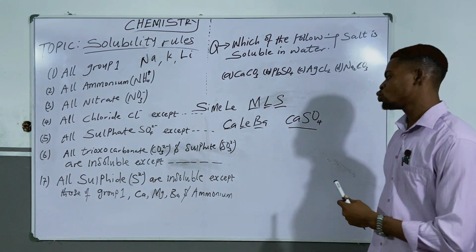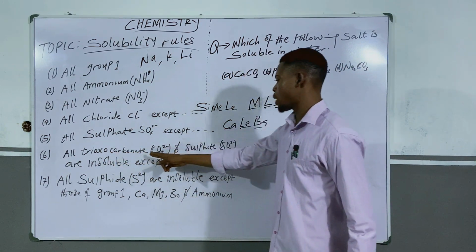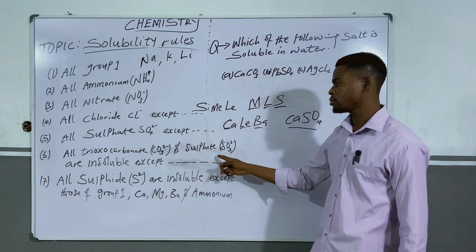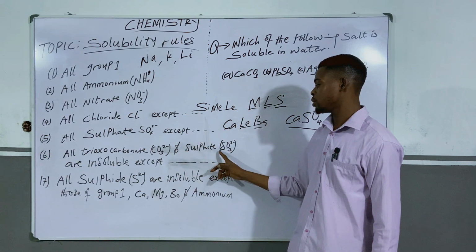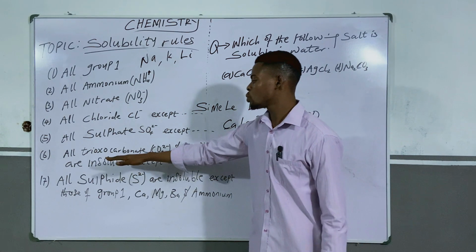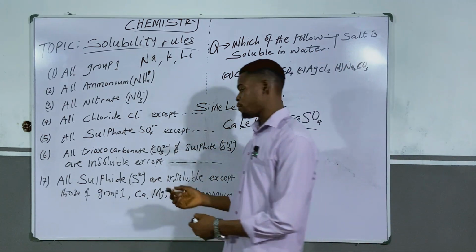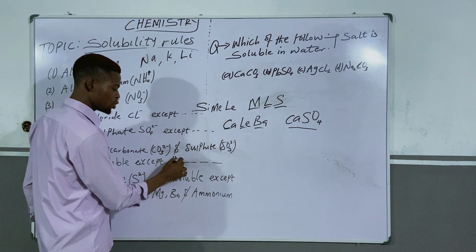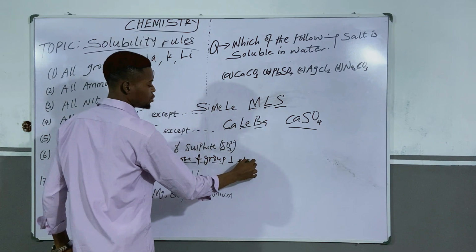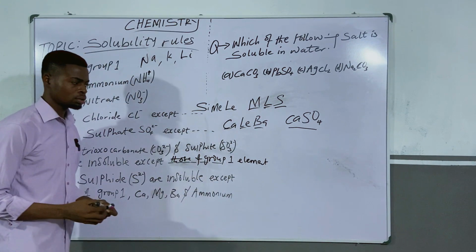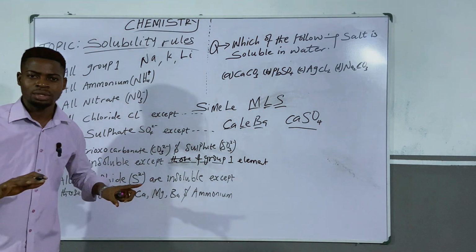Then let's go to rule number 6. All trioxocarbonates and sulfites, that is the CO3 ion and the sulfite ion, SO3, are insoluble except those of group 1 elements. All trioxocarbonates are insoluble.